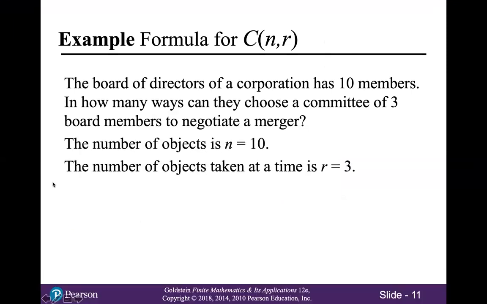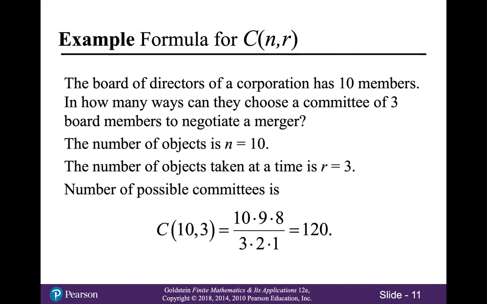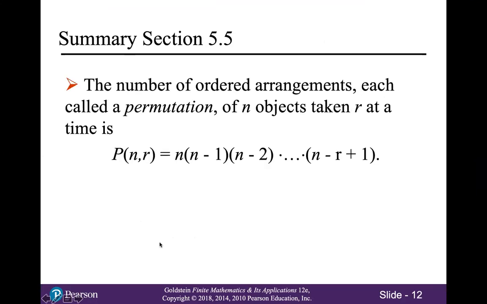So the number of objects is n equals 10, r is 3. Okay, so this is another way to calculate it if you, for example, don't have your calculator handy. We can move on from that. And then we are actually done with section 5.5. So the number of ordered arrangements, each called a permutation, of n objects taken r at a time is, I'm just going to say P of n, r.